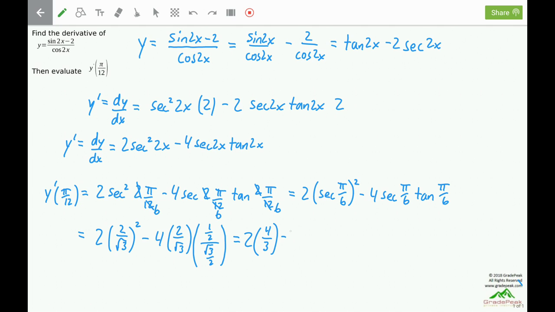And then we have minus 4 times 2 over root 3 times fraction over fraction. Let's reciprocate the denominator fraction. It'll be 2 over root 3, and multiply it with the numerator fraction.